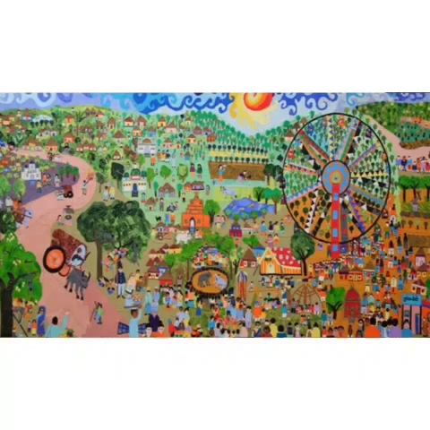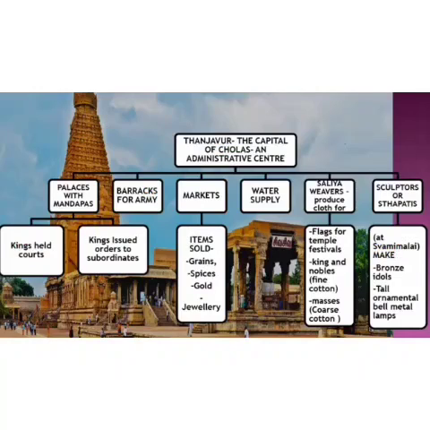So let us first discuss the first type of town, that is administrative centers or court towns, we can say. Okay, so here some towns were headquarters for administration of the empire, as you all know. For example, Thanjavur of the Chola dynasty, or we can say Agra, Delhi, where the Mughals used to rule. Yes or no?